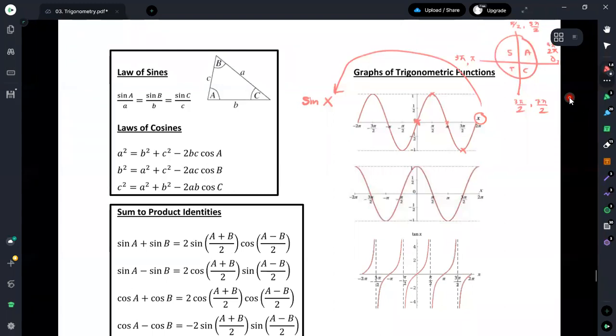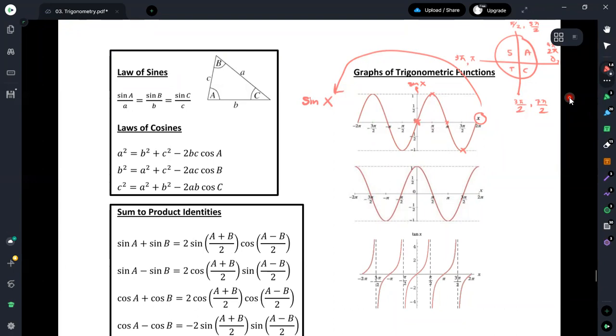For sin x, here we will take this axis as sin x. But if you move from pi to 2 pi, now it is in the direction of the third and the fourth quadrant. In the third and fourth quadrants, you can see that the sine value becomes negative.